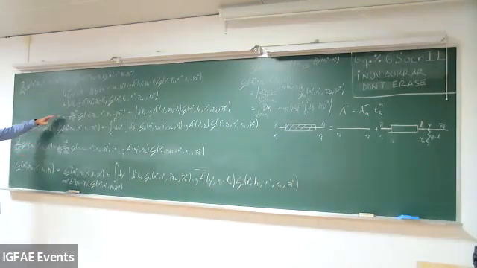So yes, going from this line to this line is straightforward. You just know that P is the same as i times the derivative with respect to the transverse coordinate, and convolutions in momentum space become products in coordinate space.